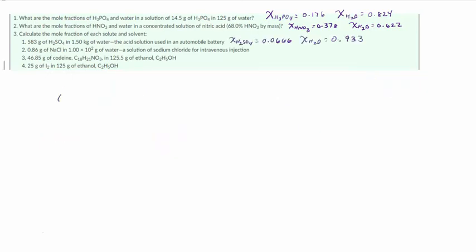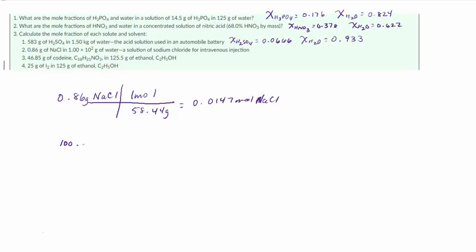For the second part of 3, we'll take our 0.86 grams of sodium chloride and, as before, convert to moles using the molar mass. And then we'll take our 100 grams of water, with 3 sig figs, and convert that to moles, again using the molar mass. We have our total number of moles.